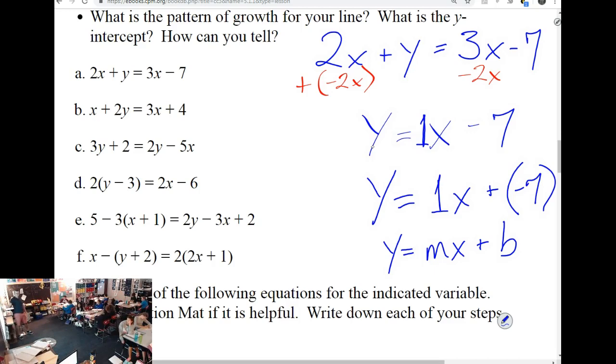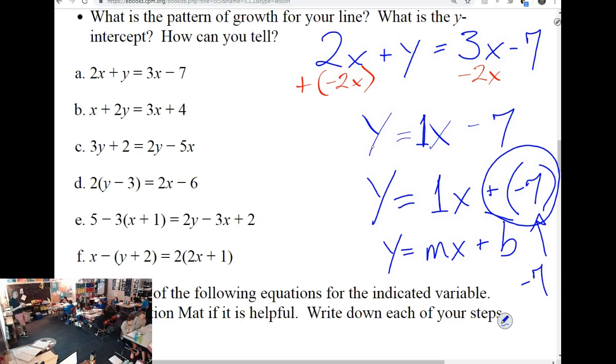But either way is right. You just have to be able to tell yourself, my starting point is not 7, it's -7. So if you can write this as subtraction and tell yourself that the starting point is at -7, you're okay. But some of us might need to rewrite it as plus -7 to be able to tell ourselves that our y-intercept is at -7.